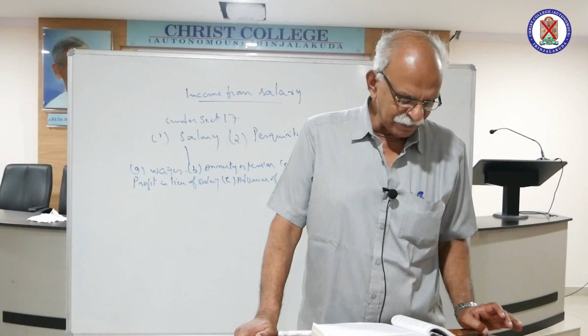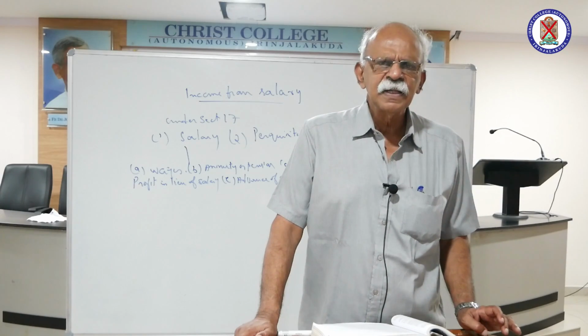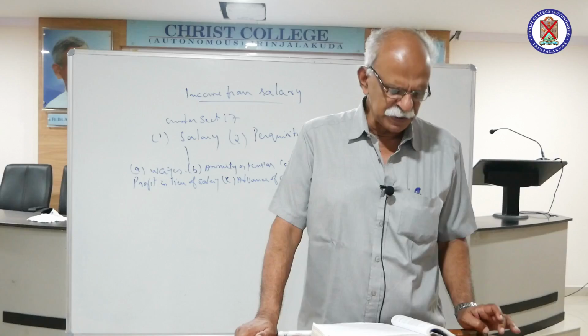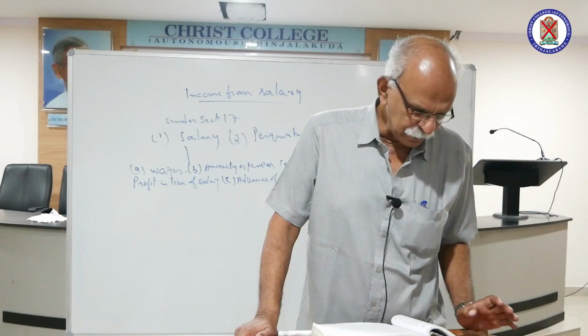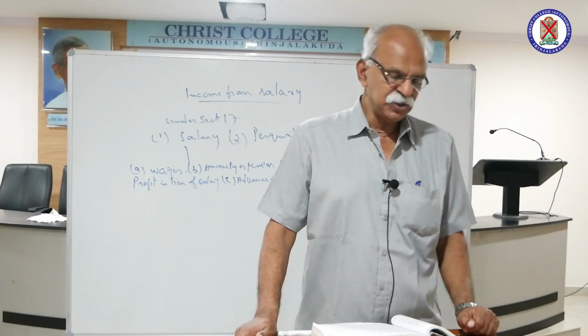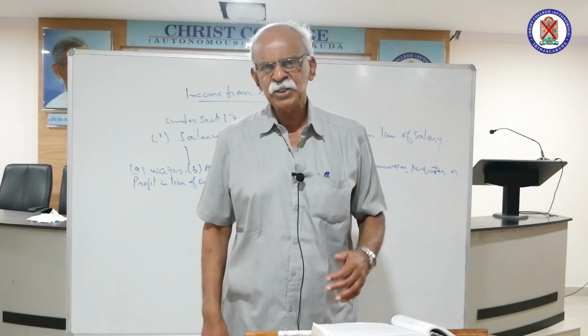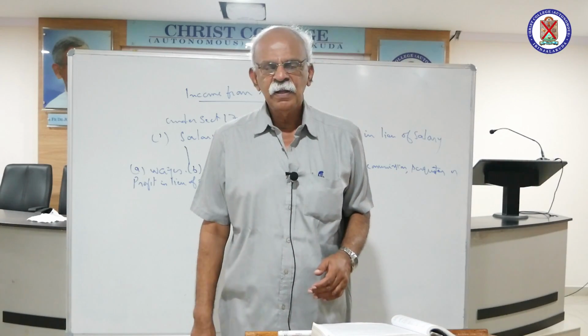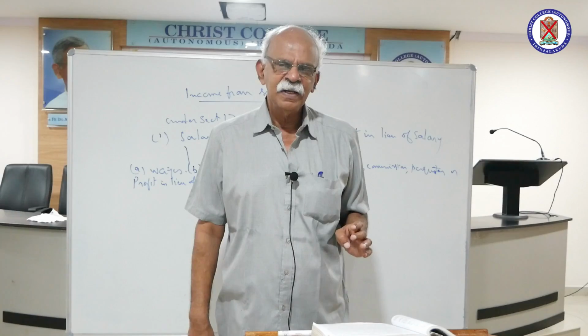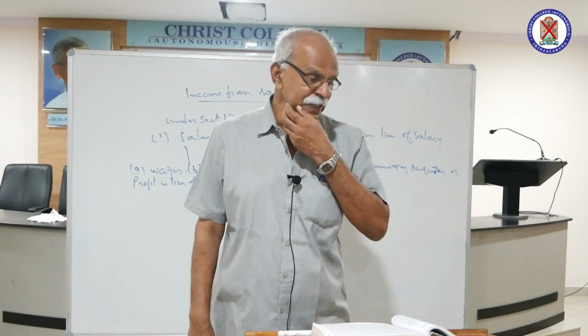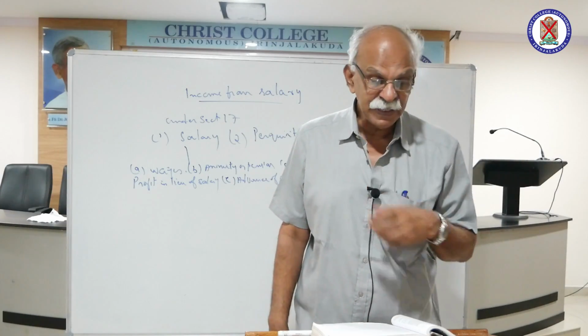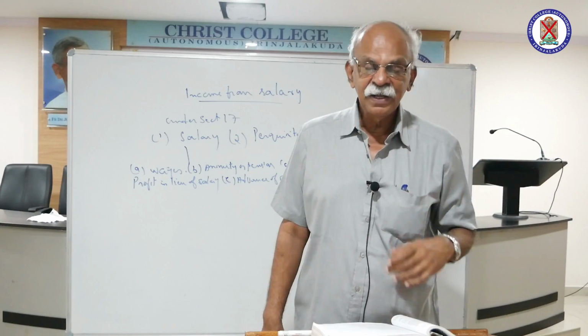One is taxable allowance, then allowances exempted up to a specified limit, then fully exempted allowances. Allowances we can study under three categories: fully taxable, exempted up to a specified limit, and fully exempted allowances.